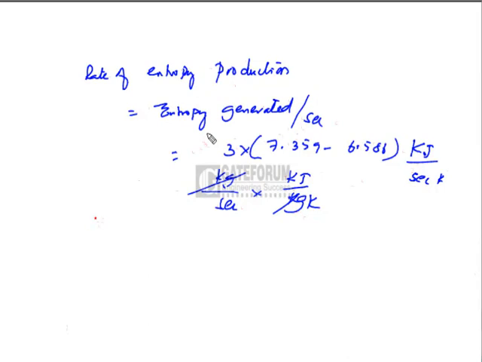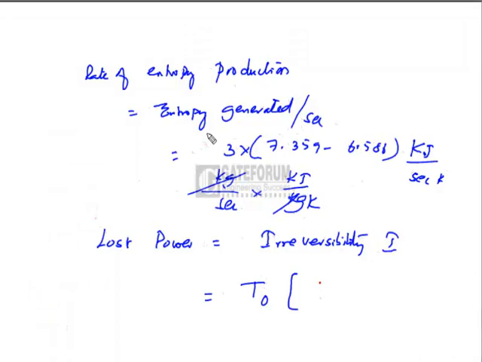When we come to calculate the lost power, it is also known as the irreversibility function I, which is calculated as T naught, that is the temperature of the ambient, into delta S of the universe.